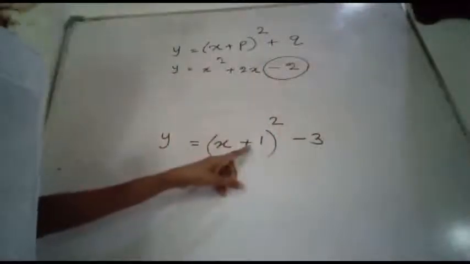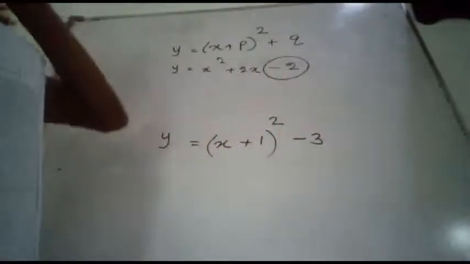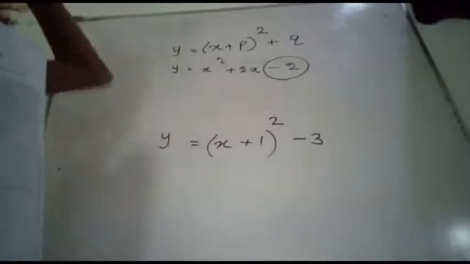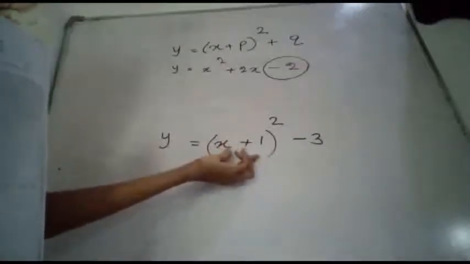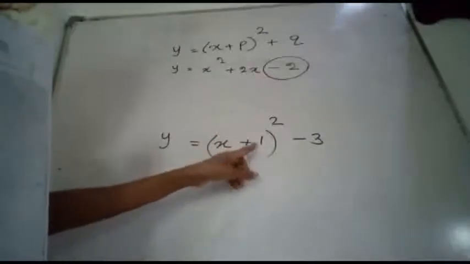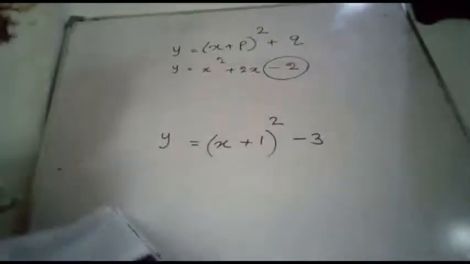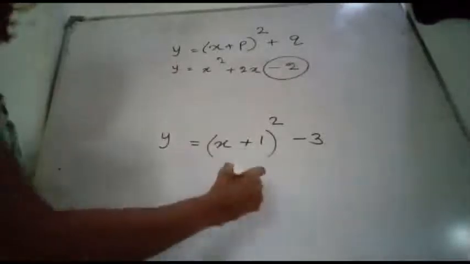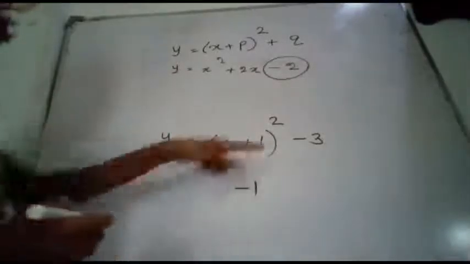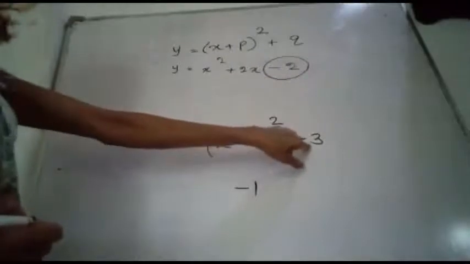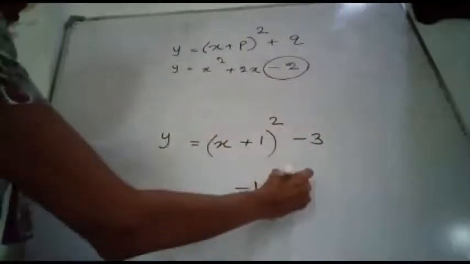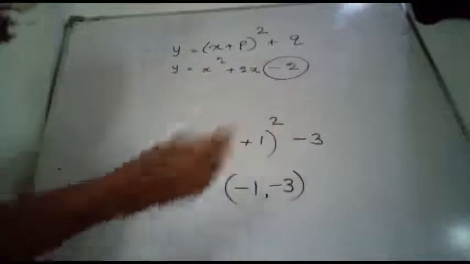The y coordinate of the minimum point is -3. We can find the coordinates of the minimum point with this equation. The x coordinate of the minimum point is -1, and the y coordinate of the minimum point is -3.